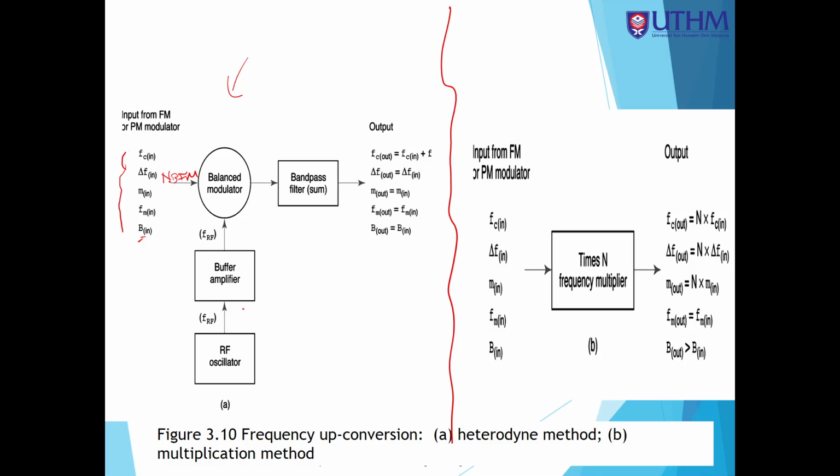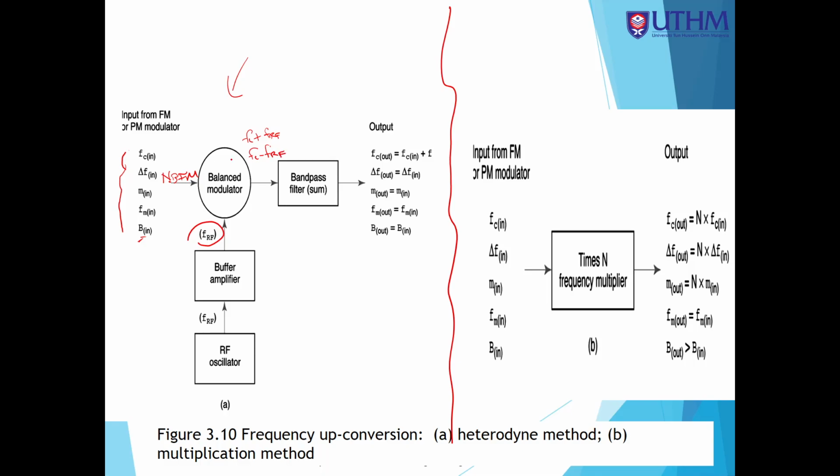We mix the signal with an RF oscillator with the frequency of FRF. Remember, when we do the multiplication, we produce upper and lower sidebands. So here we produce FC plus FRF and also FC minus FRF.